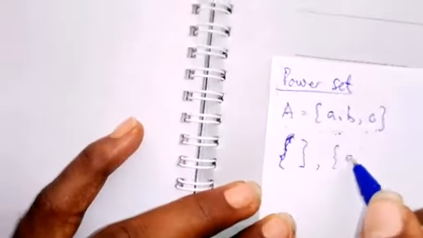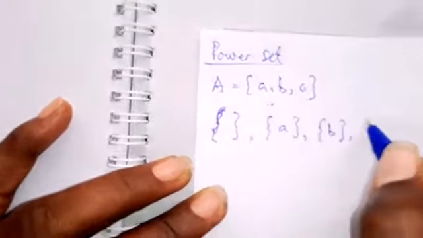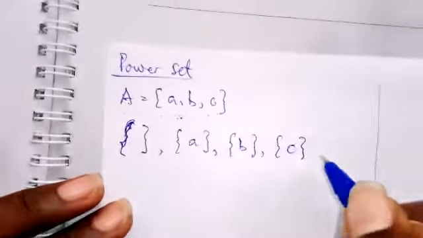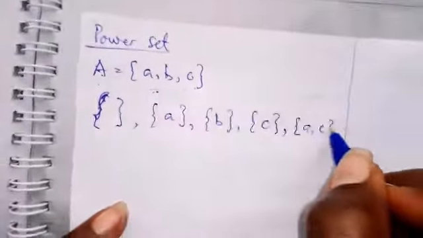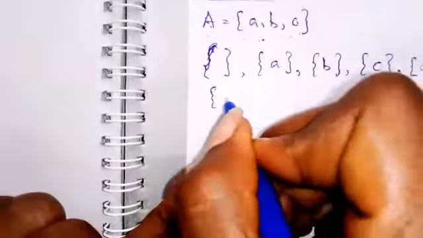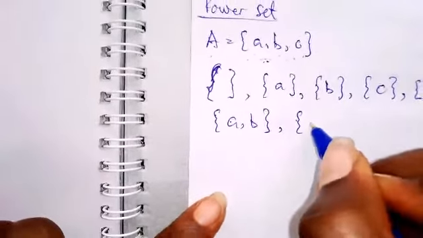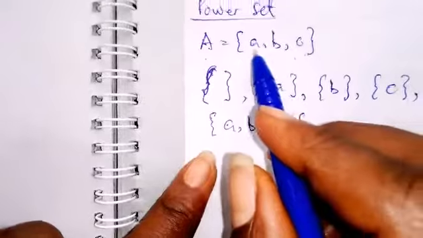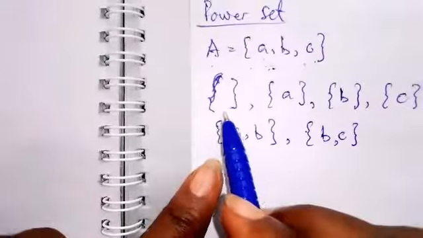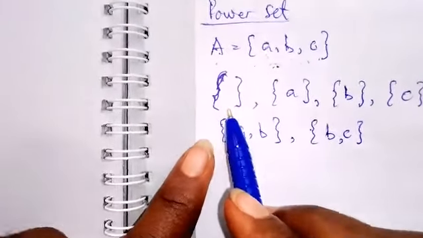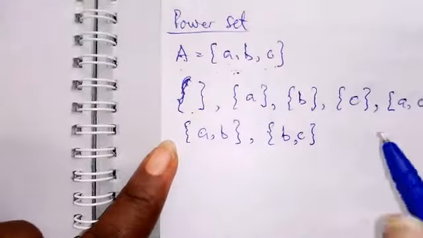Again, we have A, we have B, we have C. Now another one, we have A, C. Another one, we have A, B. Then another one, we have B, C. Now how many subsets do we get here? 1, 2, 3, 4, 5, 6, 7.